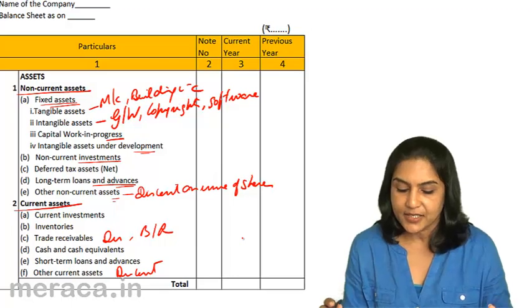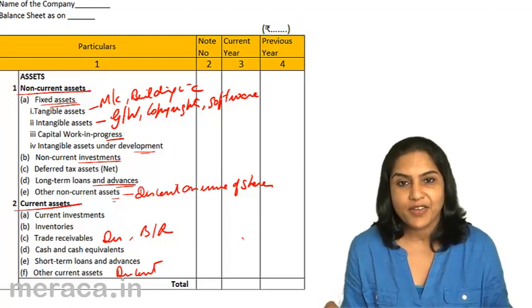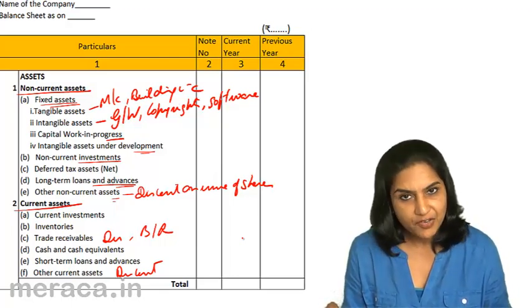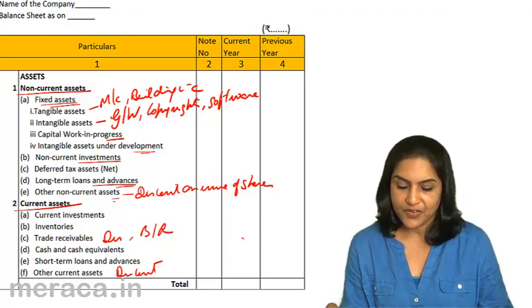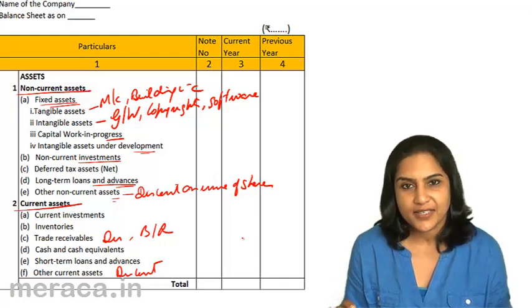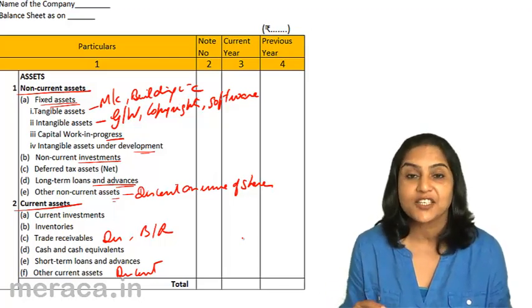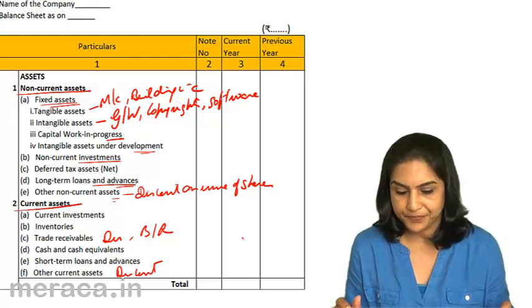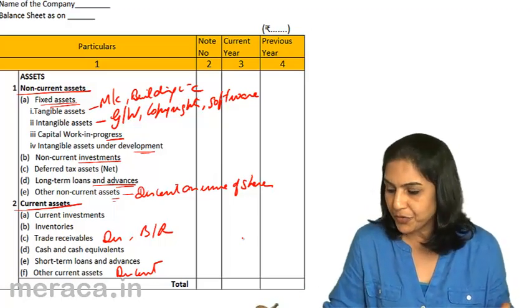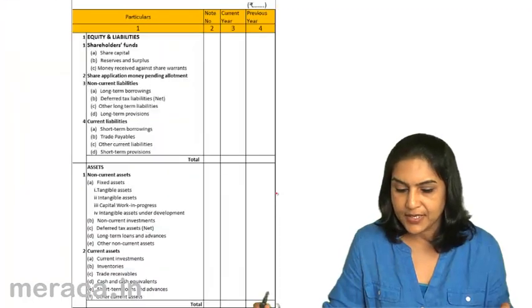Under current assets, we have current investments, inventories, trade receivables, cash and cash equivalents, short-term loans and advances, and other current assets, assets which we were not able to classify in any of the above 5 headings. We'll just take an overview of the entire format.